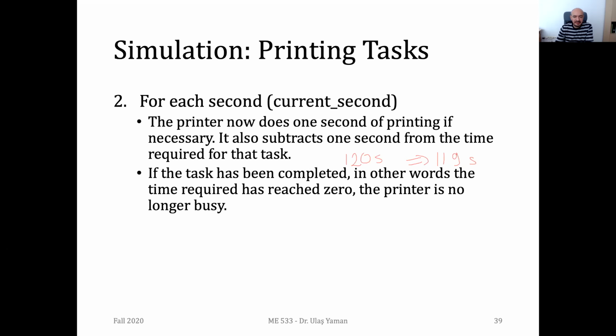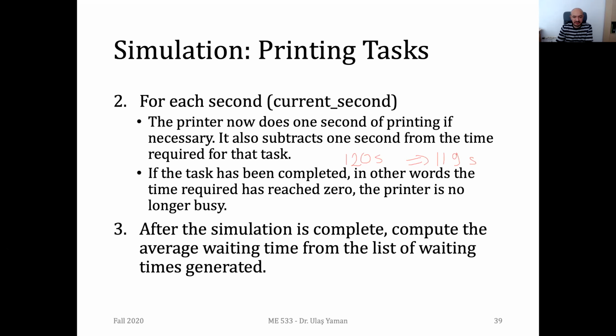Then at some point, if the task is completed, that means the time required is equal to 0. And this time we can easily say that the printer has completed the given task and it's not busy. And I can simply send another task to the printer and start printing another item in our queue data structure.